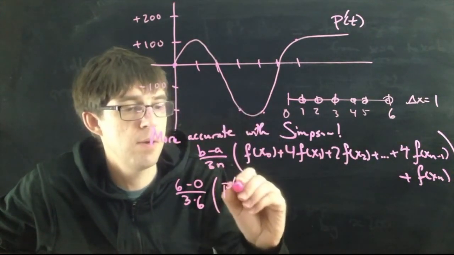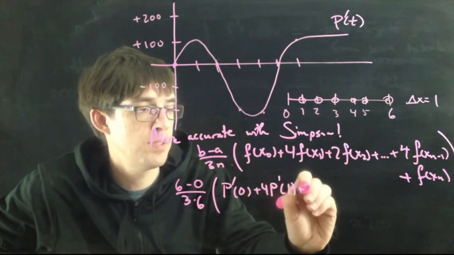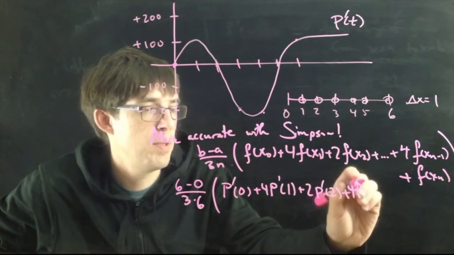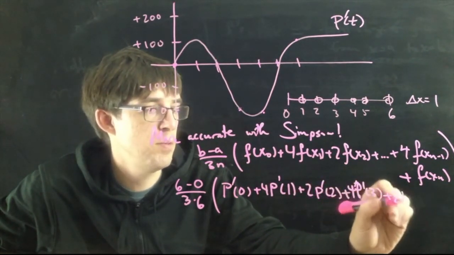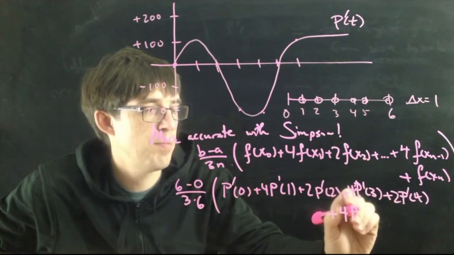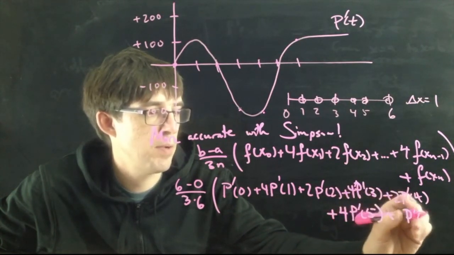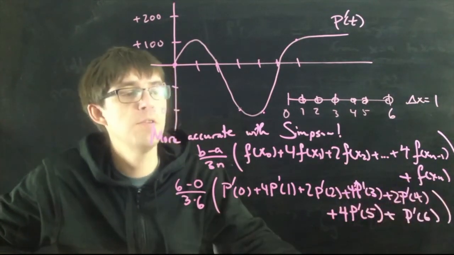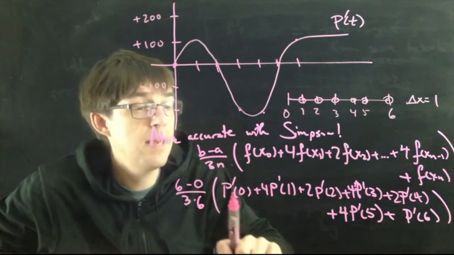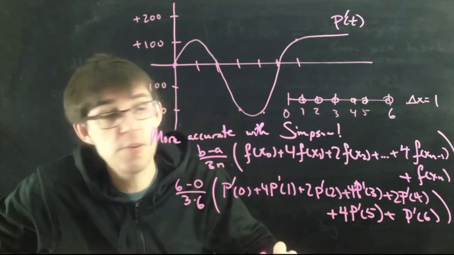So I'll write out p prime of 0 plus 4 p prime of 1 plus 2 p prime of 2 plus 4 p prime of 3 plus 2 p prime of 4 plus 4 p prime of 5 plus p prime of 6, right? Those are all the points with the appropriate coefficients in front of them. And these, again, we find those values by just looking at the values on the graph.